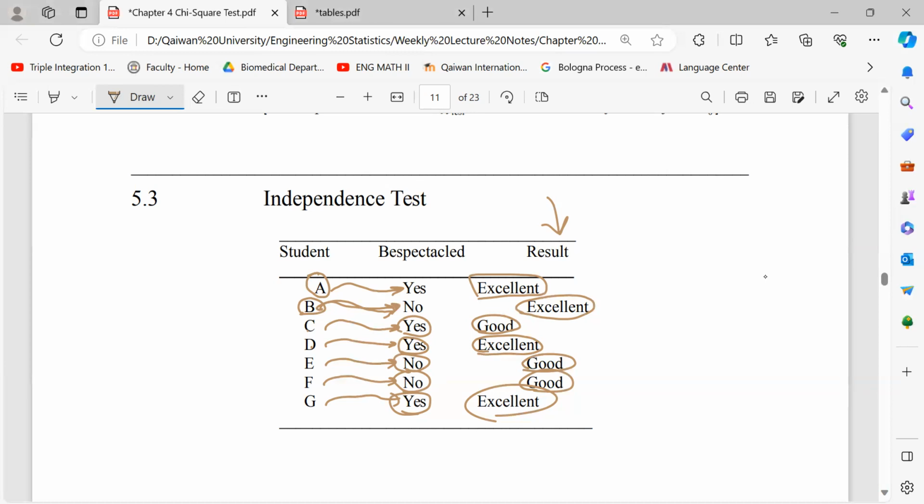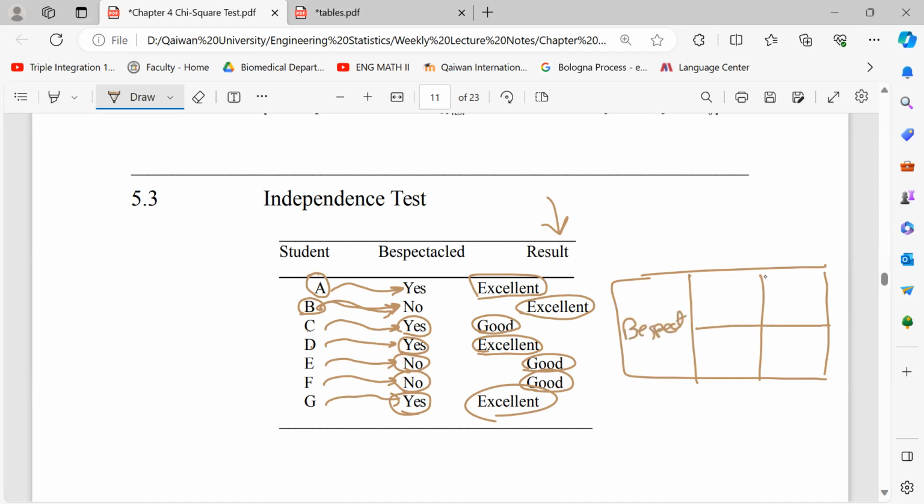If we make this into a table of data, we have, horizontally, whether they wear glasses or not, be spectacled or not. Then this is their grade.